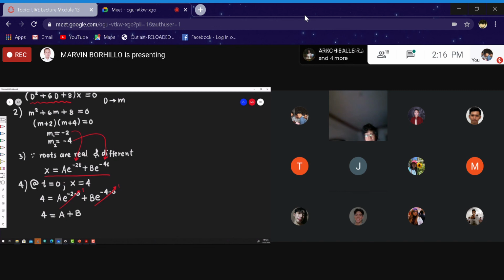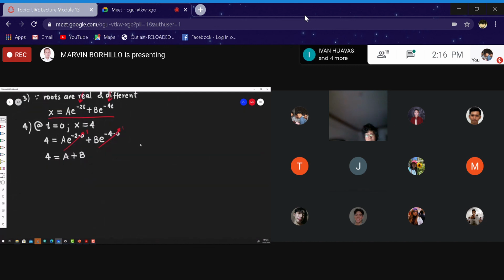We have one equation, two unknowns. So, kailangan pa natin ng isa pang equation. So, let's have another boundary condition. At t is equals to 0, dx over dt will be 8.